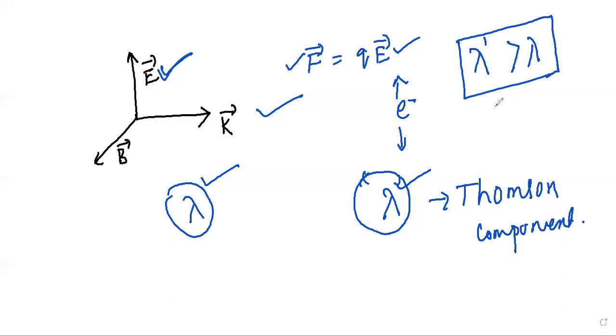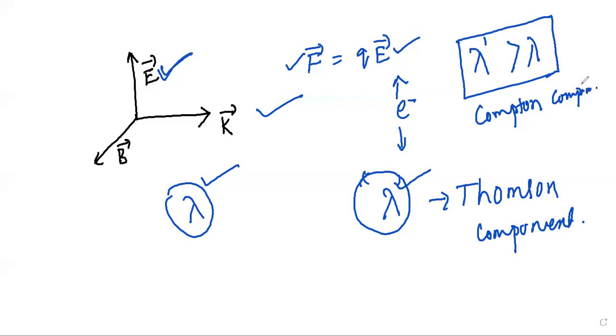So how do we understand the Compton effect considering the quantum effect? Because we can see that using the classical wave model, you won't be able to explain this longer component, the Compton component.